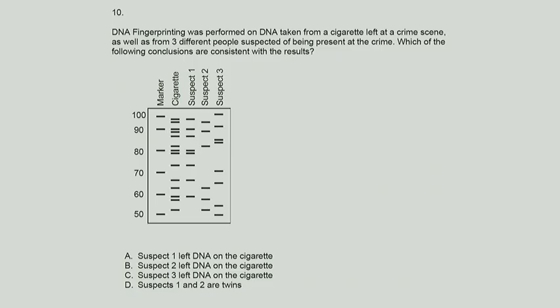What regions of DNA? It's the SSRs, right? So all the short sequence repeats or simple sequence repeats, whatever you want to call them. Those are the ones chosen for amplification on the cigarette. What am I amplifying in lane 1?